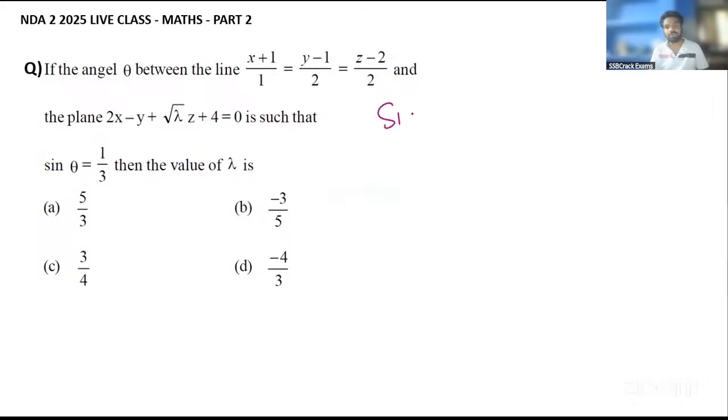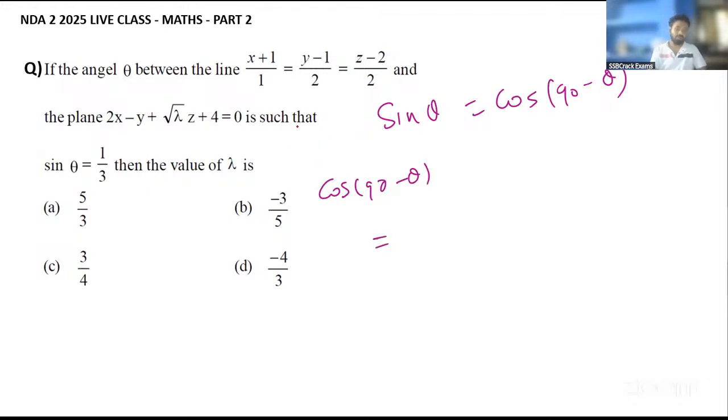Since we know that sin theta is equal to cos 90 minus theta, and to find the angle between these two, we use the formula for cos theta. So this will be the angle cos 90 minus theta. Since you have not studied vector space till now, even though I can solve it using A1, A2, okay? So 1 into 2, it is 2.